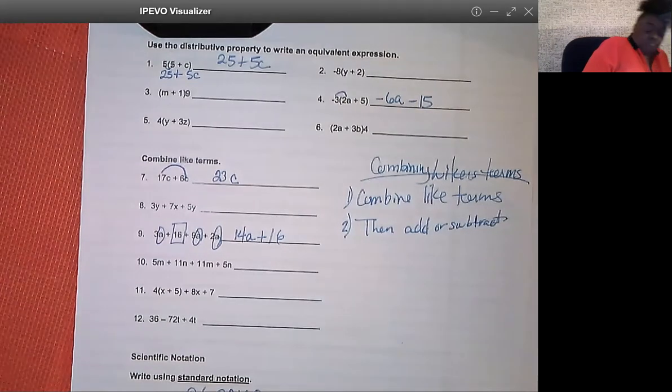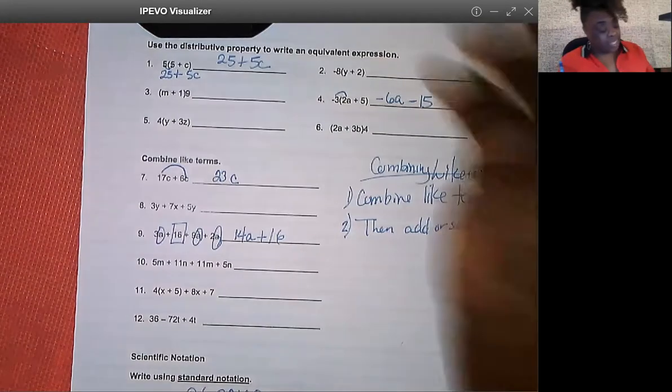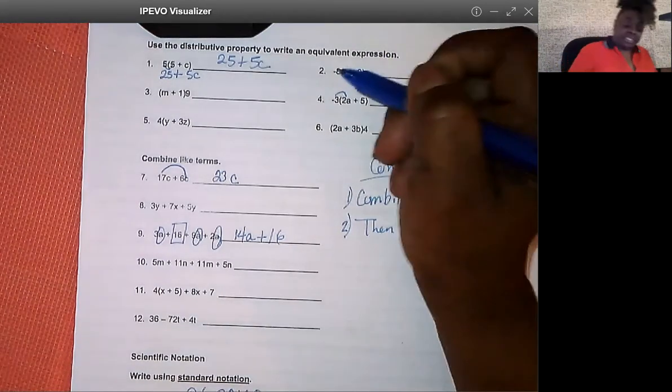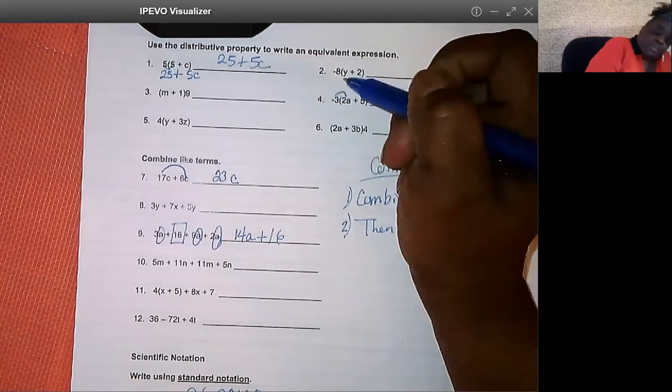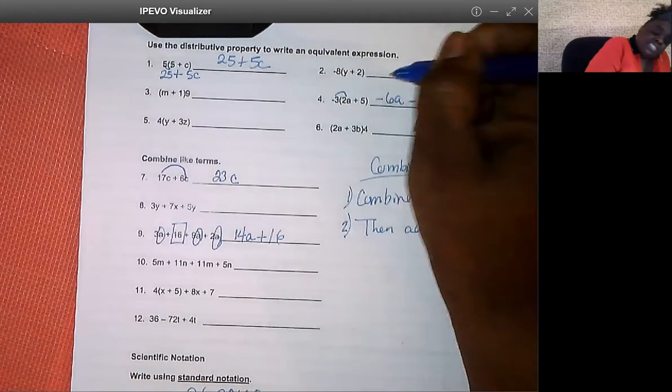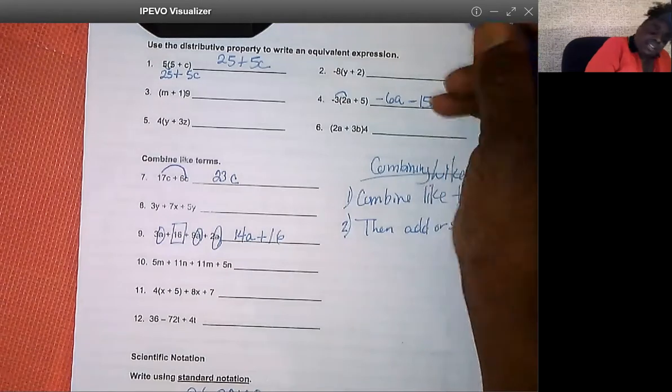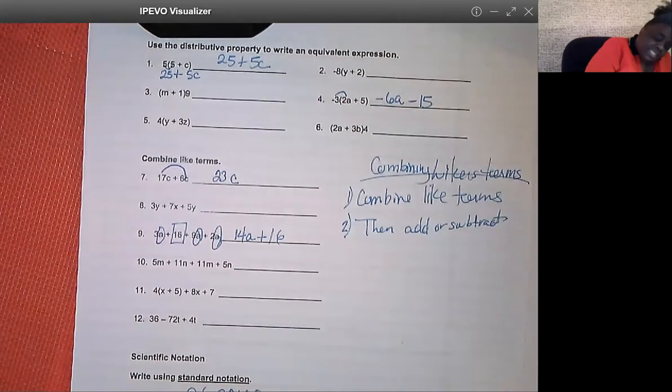And then before that, we talked about the distributive property. We are distributing the number outside of the parentheses throughout the numbers that are inside of the parentheses, and it's typically in multiplication and addition.